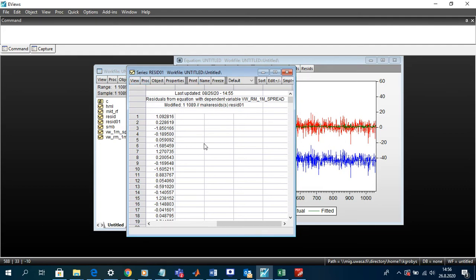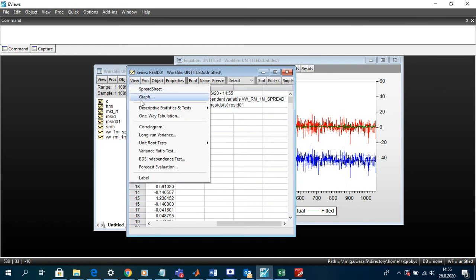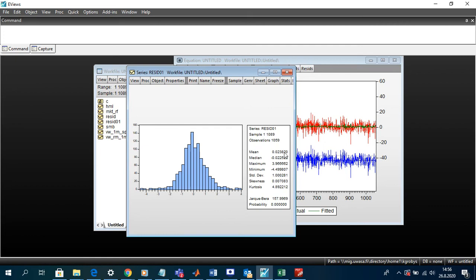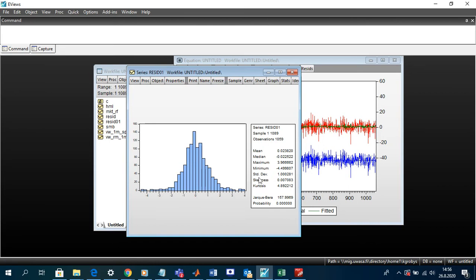This is our estimated residual term of that equation. Let's go on Descriptive Statistics, Histogram and Stats. And we see here the mean is basically 0, and the standard deviation is 1. It's exactly how it should be, but that's by construction. So this is what the GARCH model will always spit out: an innovation process that has zero mean and a standard deviation, or volatility, equal to 1.